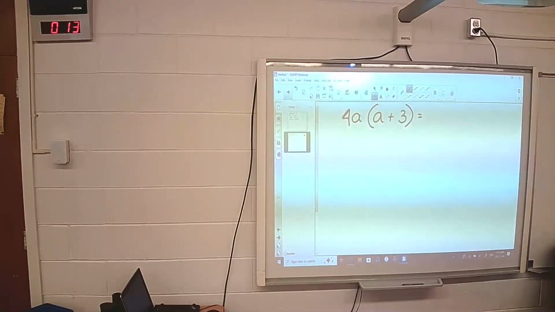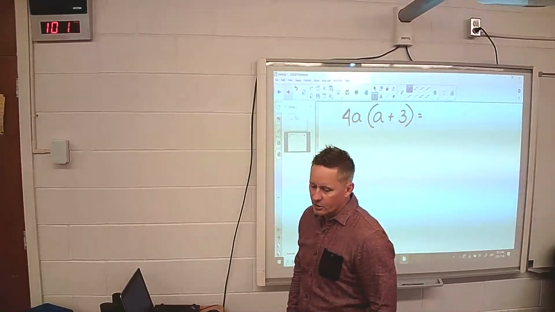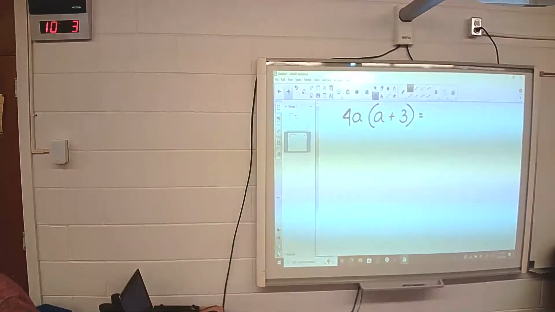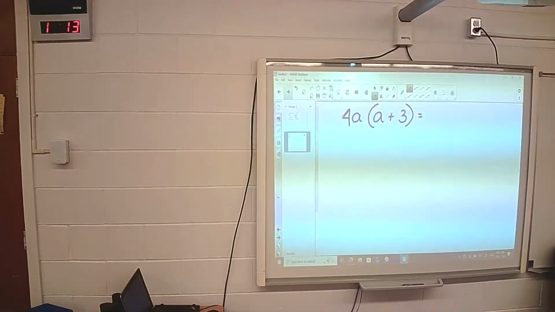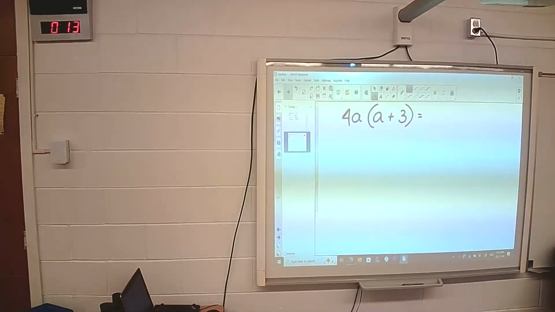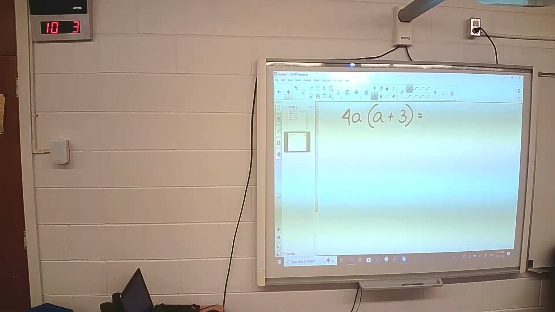Okay. All right. So let's call it the distributive property. What I actually do in this case is I take the 4a and multiply it by the a, and then I take the 4a and I times it by the 3. You have to multiply it by both terms.